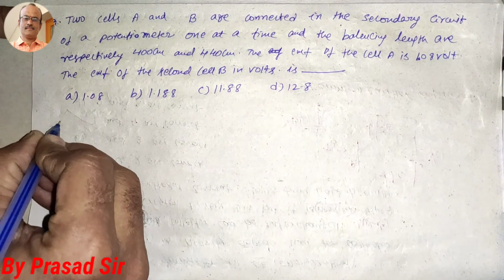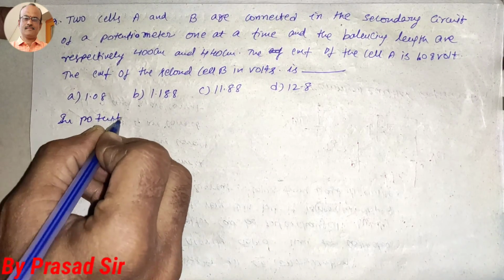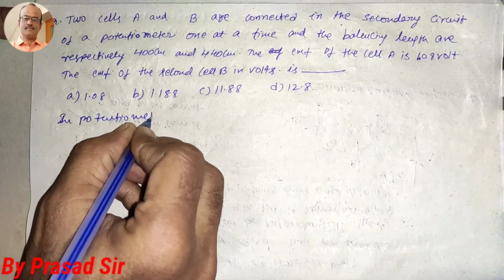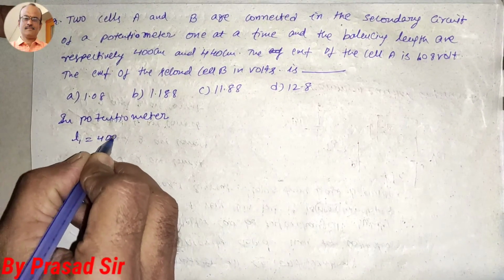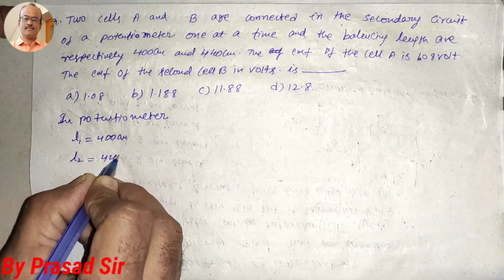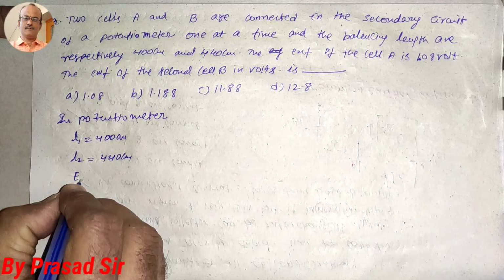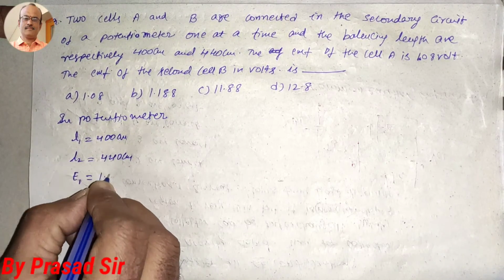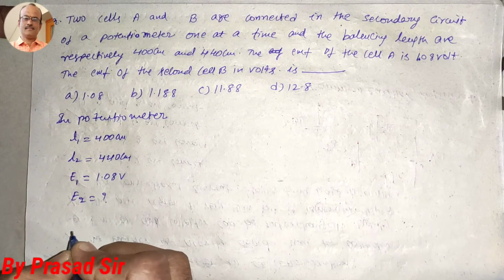So first of all, in the potentiometer, L1 is equal to 400 centimeters and L2 is equal to 440 centimeters, and the EMF of cell A, that is E1, is equal to 1.08 volts, and we need to calculate E2.